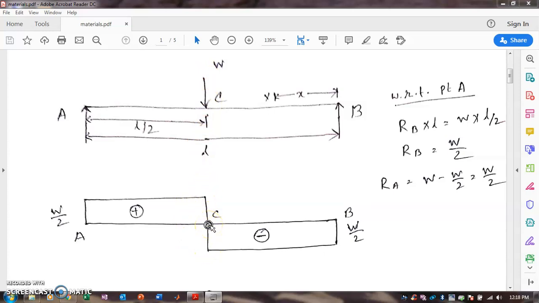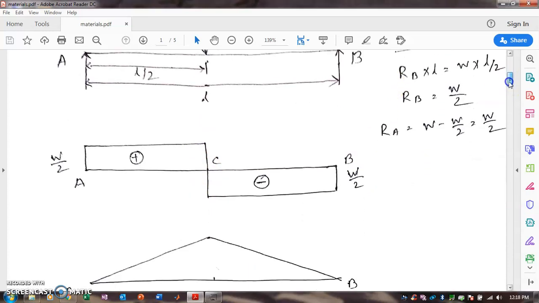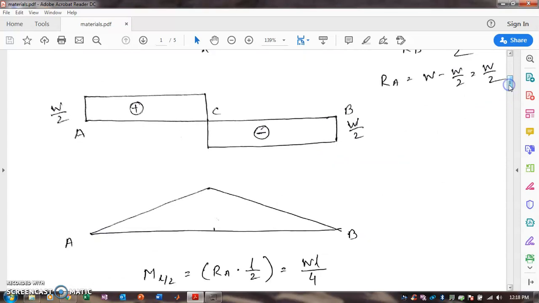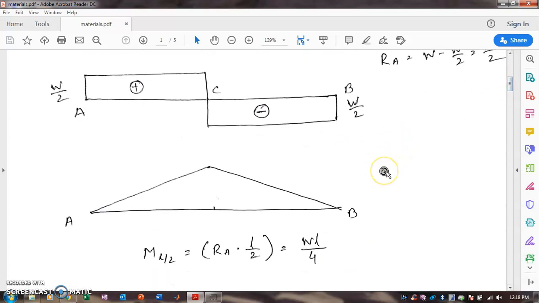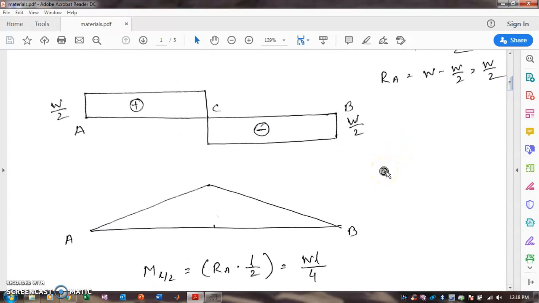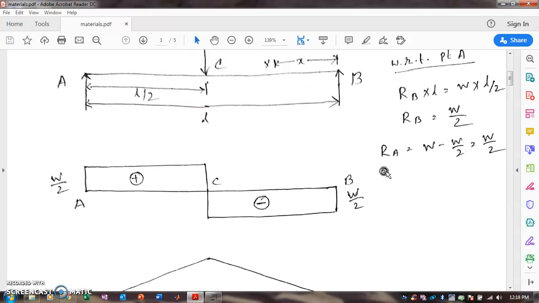Okay. So now we need to calculate the bending moment diagram. So what will be the bending moment diagram? Similar process, we are starting from point B. At point B, the force RB is acting. The distance between the point and the force is 0.